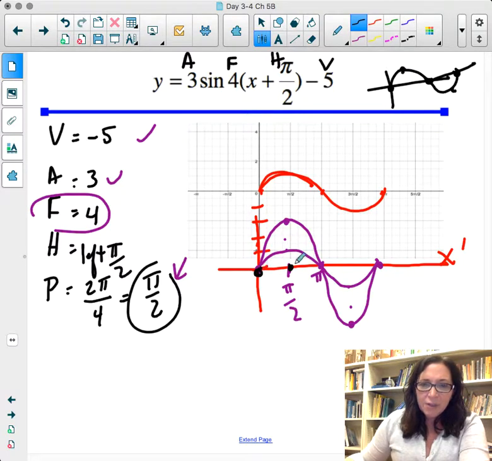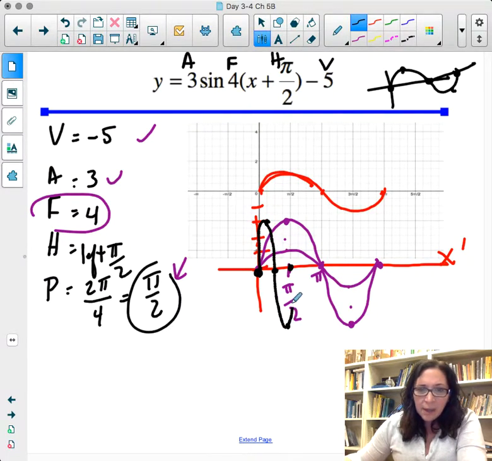So if my graph starts and stops at pi over 2, it is going to go through at pi over 4. In addition to that, in between 0 and pi over 4, which is going to be pi over 8, I'm going to have my high point, and then I'm also going to have my low value in between. So it's going to go up, come down, and graph.